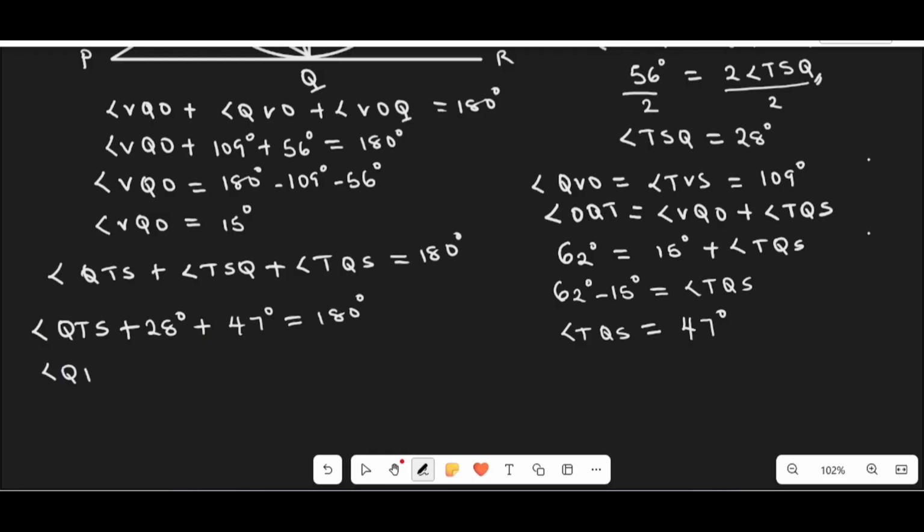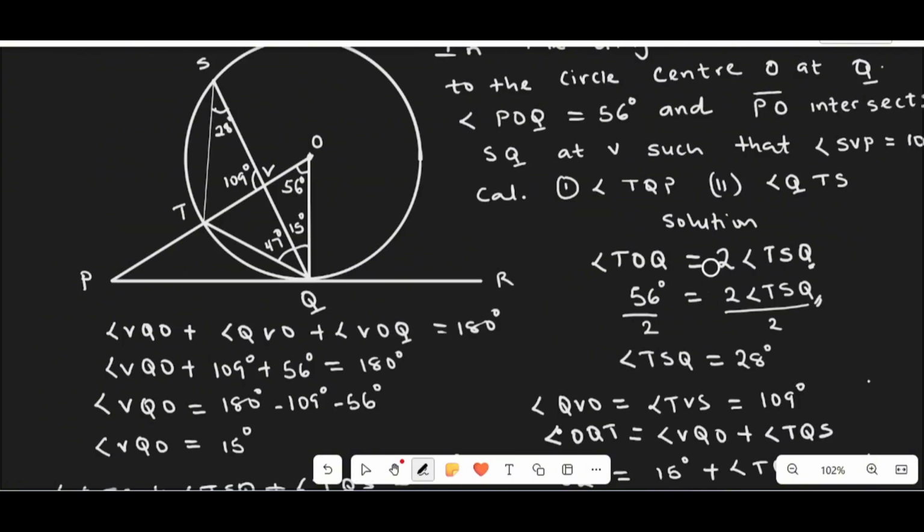Angle QTS equal to 180 degrees minus 28 degrees minus 47 degrees. Angle QTS equal to 105 degrees. So our angle TQP is 28 degrees and angle QTS is 105 degrees.